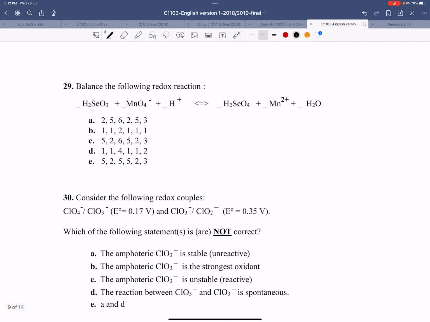Number 29. Balance the following redox reaction. It's quite easy to do so. Start with the series that you're most familiar with. So I know that you study MnO4 minus a lot.